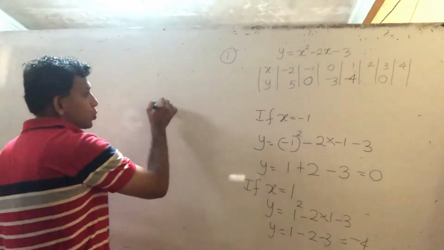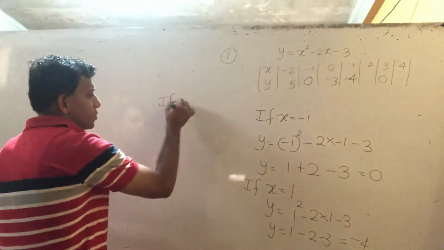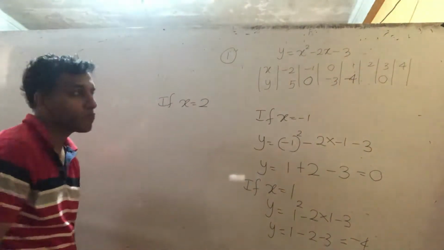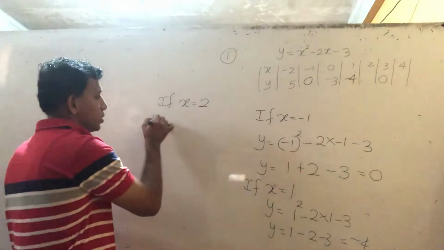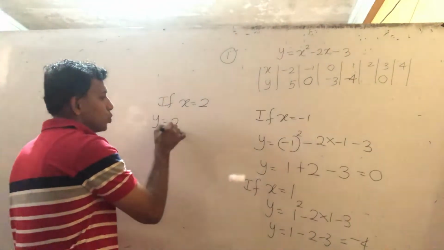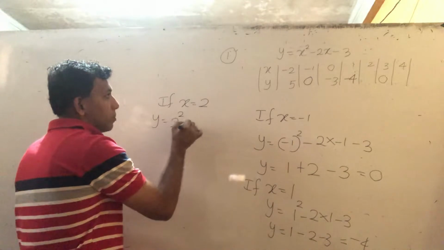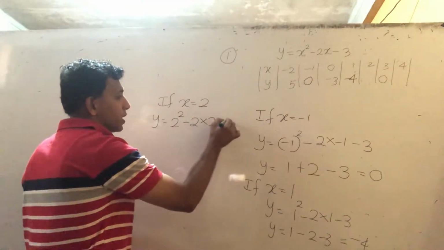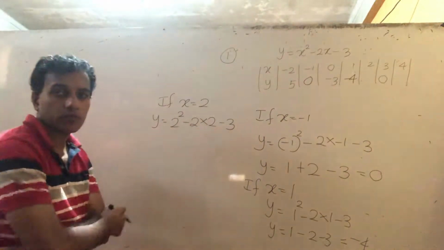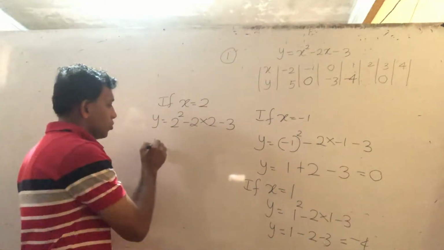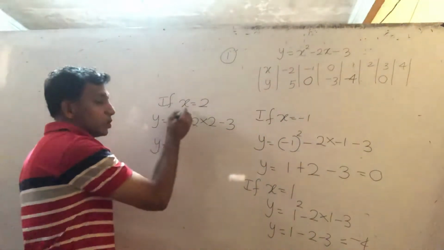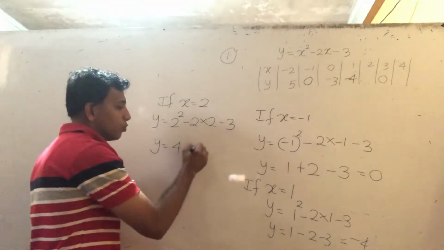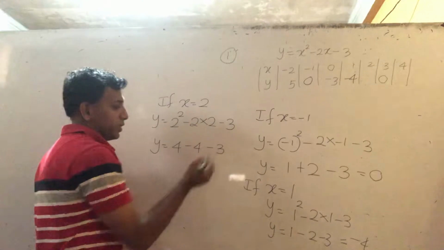Next, if x is 2, what? Y equal 2 square minus 2 times 2 minus 3. So y equal 2 square 4, minus 4, minus 3.